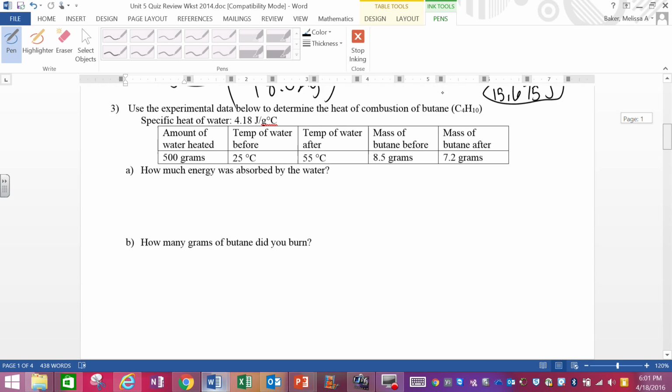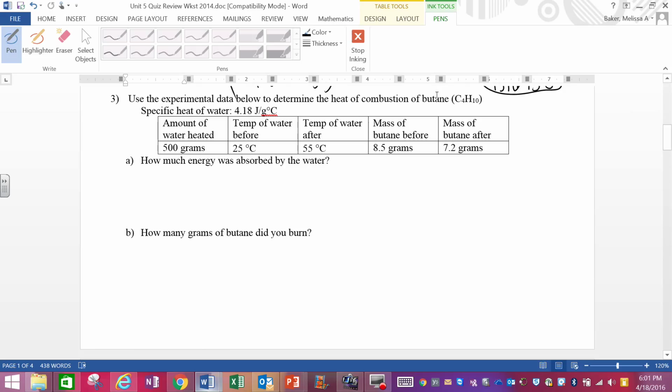Moving on. Number 3. Here's a little table that tells us what's going on when butane is combusting. This is very much like your burning foods lab. So imagine you've got a can of water, and according to this problem there are 500 grams of water in this can.